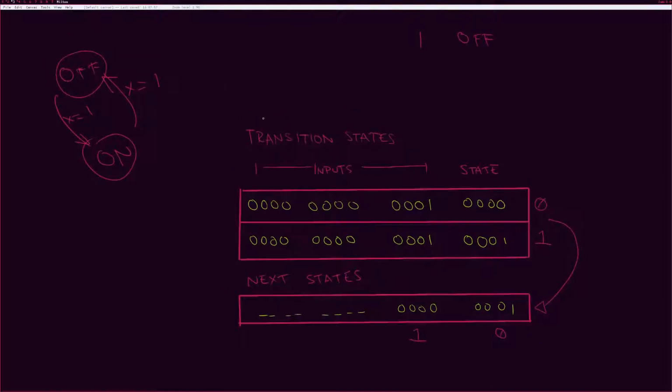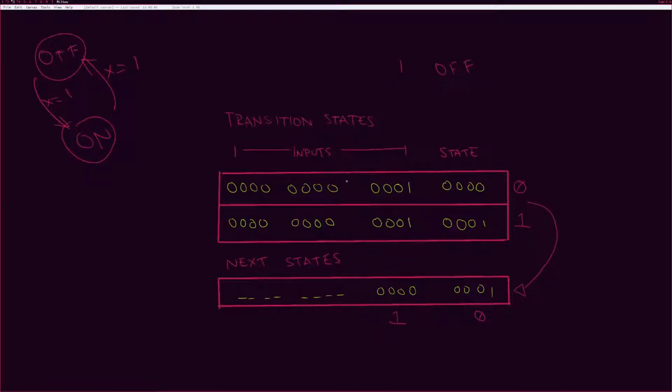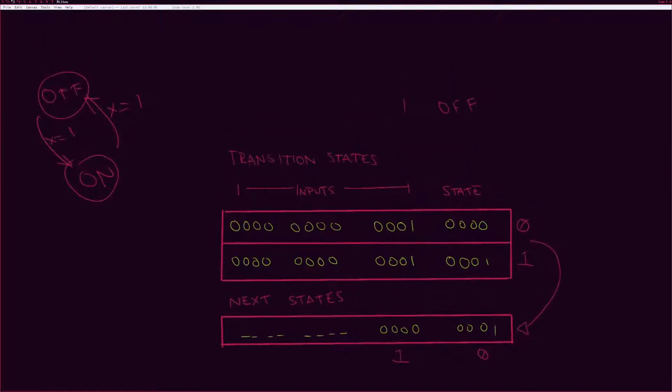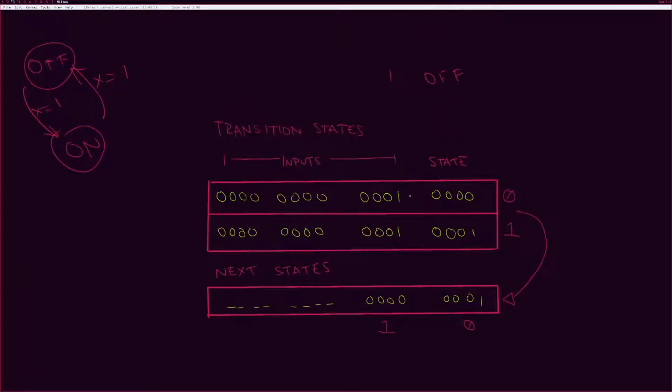Alright, now, we imagine that we currently have the state off, and then x is 1, and that's the first input, x, so the inputs start down here and go that way. Well, they don't have to, but that's the way I've programmed it. So you've got 12 inputs, and these are all Boolean values.